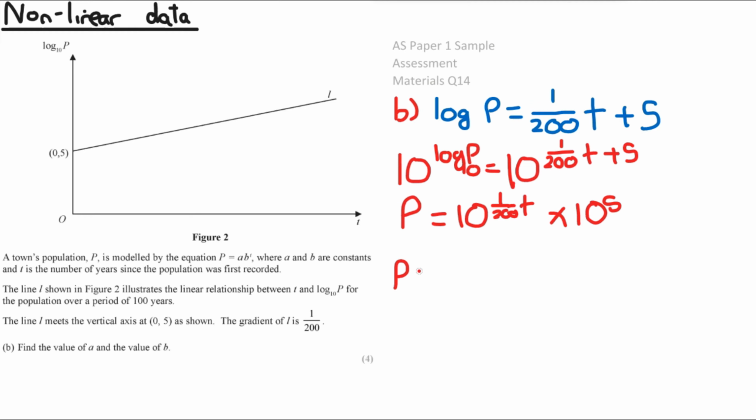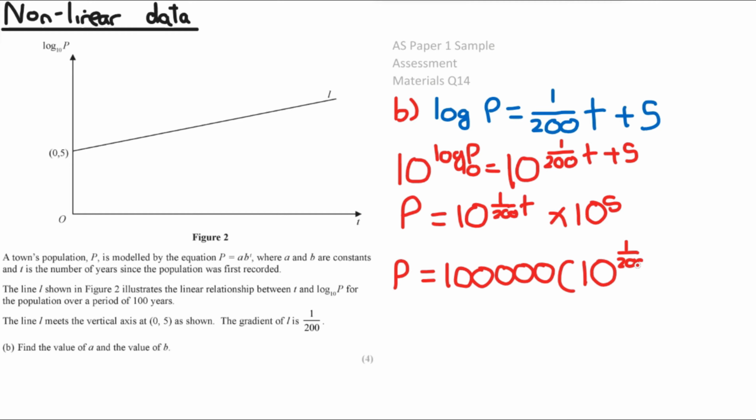We can simplify this further. 10 to the power of 5 is 100,000, so this is going to be 100,000, and this is the A part.